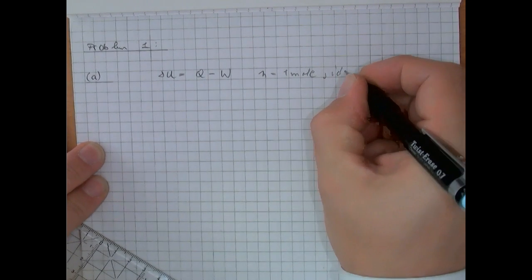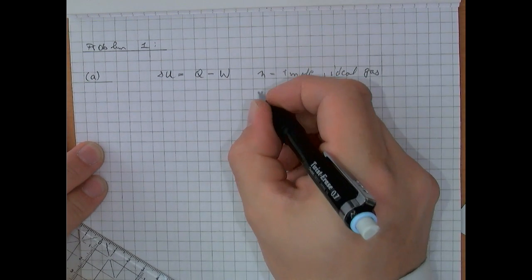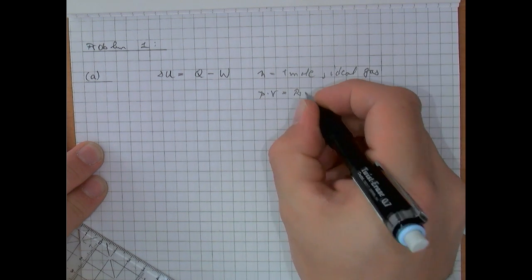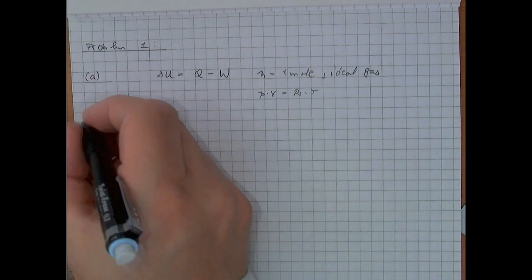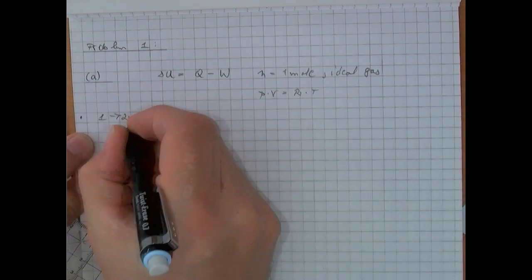There's nothing said beyond that. So PV, the equation of state for an ideal gas, equals RT. So let's first write down what we know about the step from 1 to 2 here.